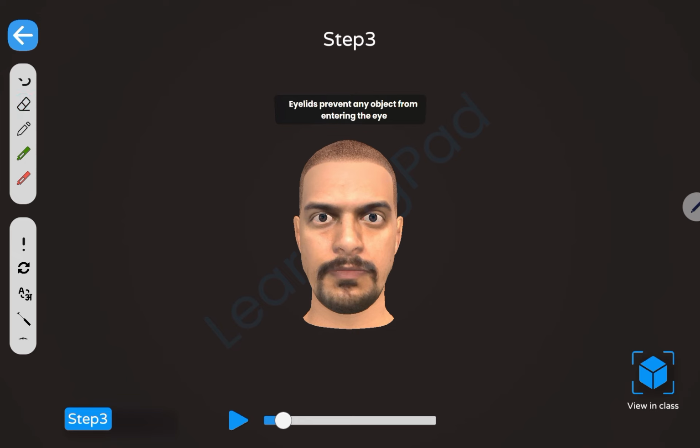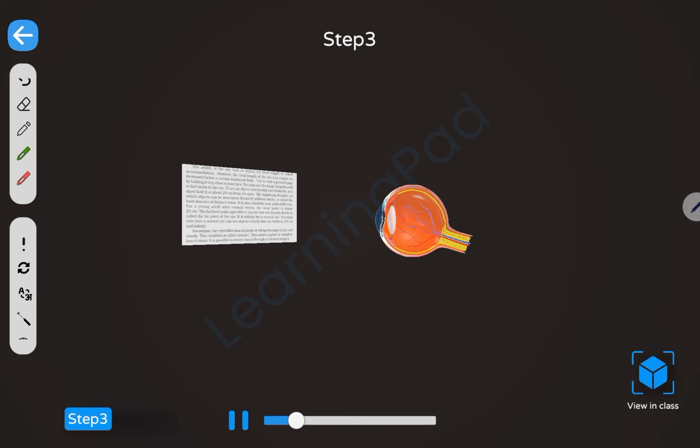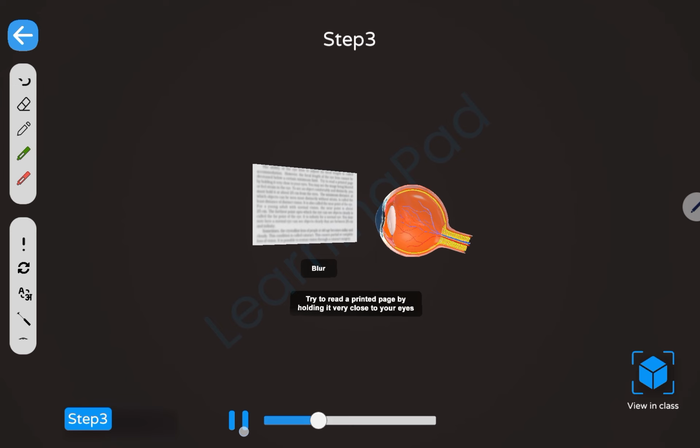And also, there is a certain distance where a human eye can read comfortably. If a person tries to read something by putting it very close to the eye, the image looks blurred, right?